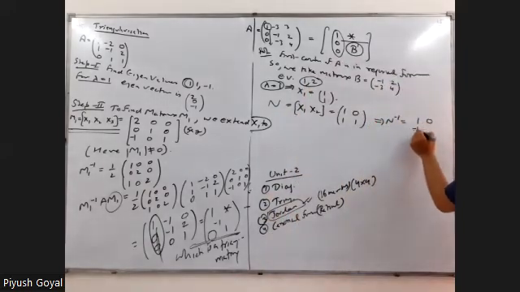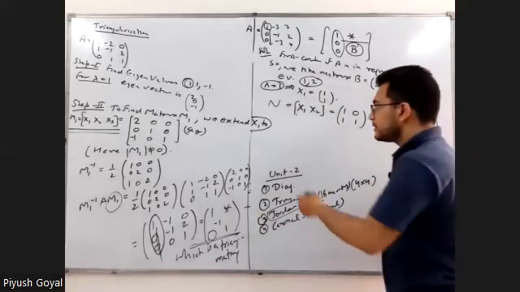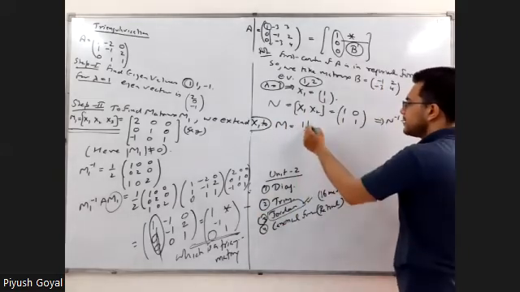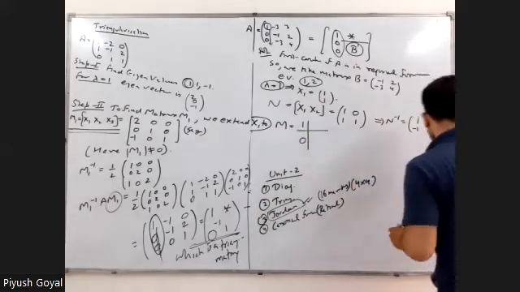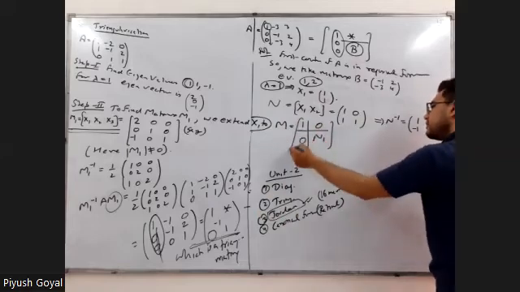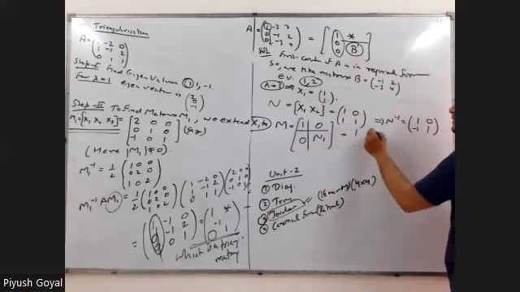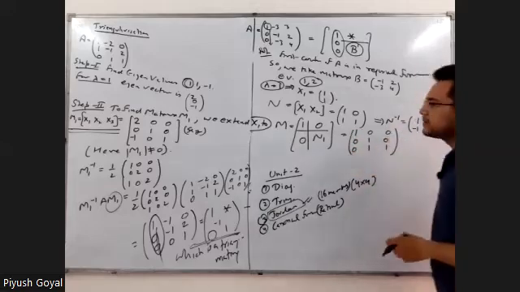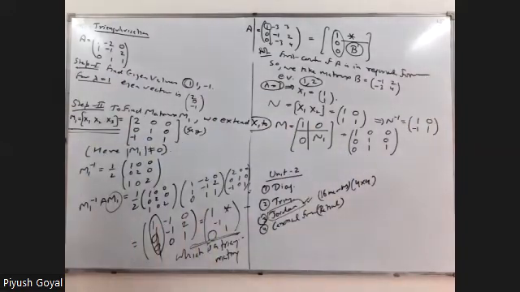This N inverse will come out to be like this. Fine. Then you want to find M, and you know M is 1, then 0, then 0, and then N1. So it will be 1 0 0 0 0 1 0 1 1. So this is your M.